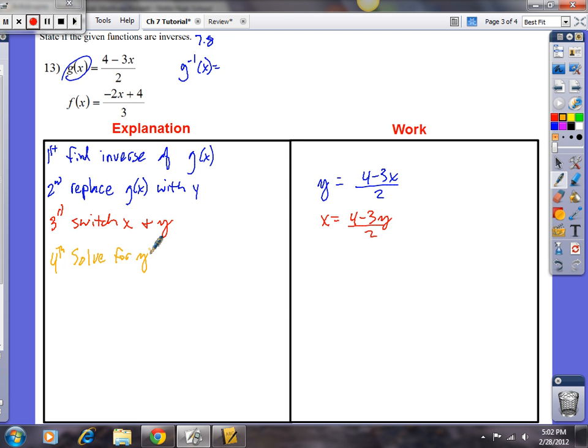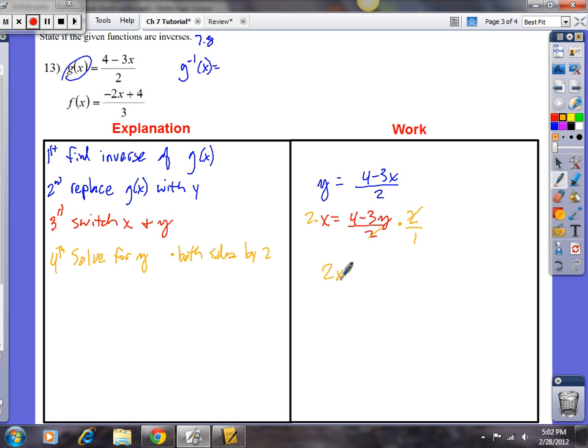Solve for y, so I'm going to undo the negative 3 times y, the 4 plus y, and the divide by 2. Here's what we're going to do very first. We are going to times both sides by 2. So if I multiply this side by 2, and I multiply this side by 2, that's going to undo the divide by 2, so that's going to cancel with that.